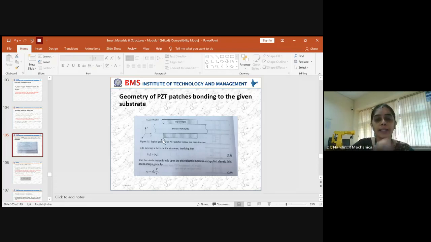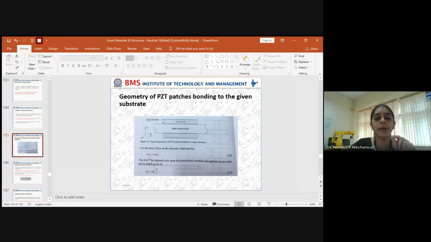When you apply some load on it, strain will be generated. The strain induced, the free strain, will always be greater than the actuator strain. The actuator strain will be bounded by the restrictions because it is attached to the base structure. It is not only the relative permittivity value of the piezo element; it is a combination of both.